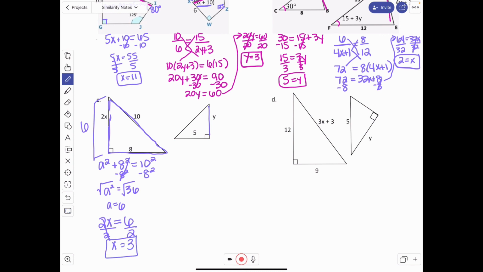Now I can set up a proportion, but be careful when you set up a proportion because we're using the 6. So I know 6 over y is going to be 8 over 5. So 6 times 5 is 30, and then I get 8y. So I have to divide by 8. And so 30 divided by 8 is 3.75.